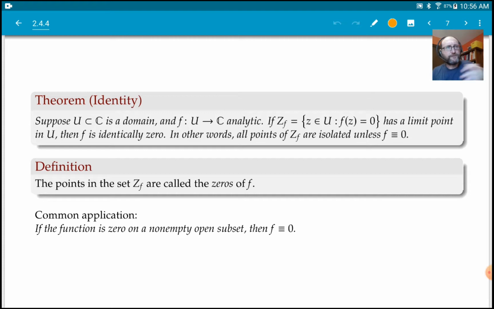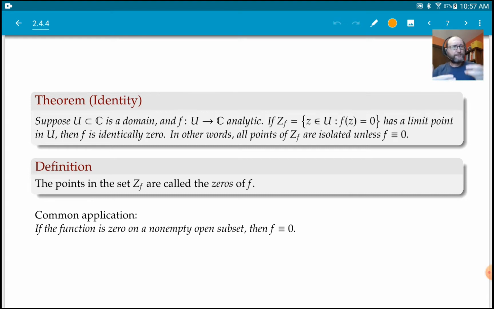That clearly follows from the theorem, and that's probably like 90% of the applications of this identity theorem: you find, well, I have these two functions and they're equal on some small open subset, therefore they're equal everywhere. That's the biggest use.